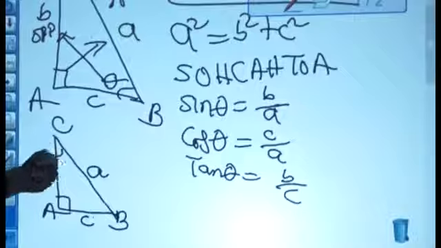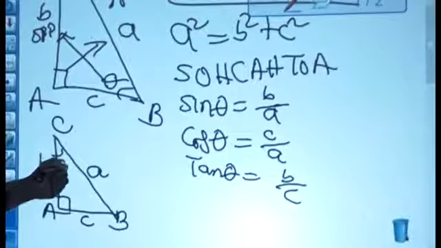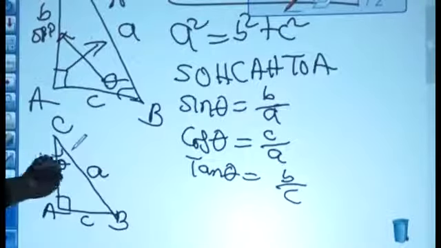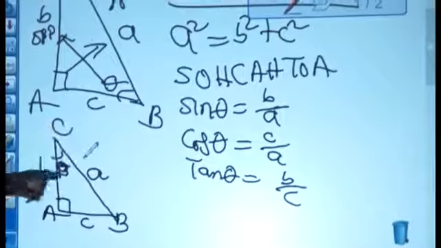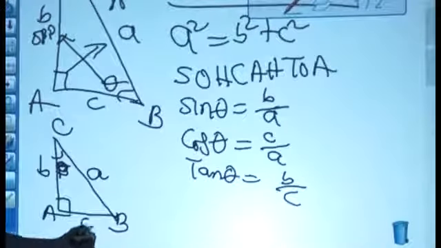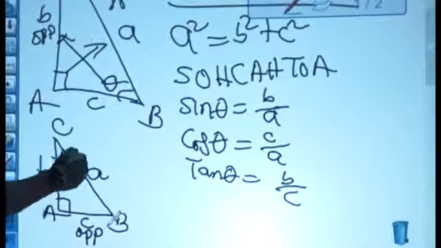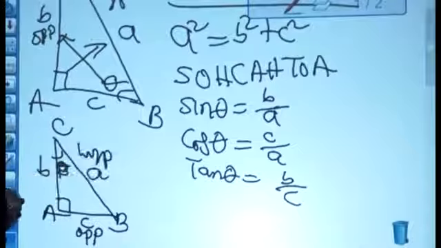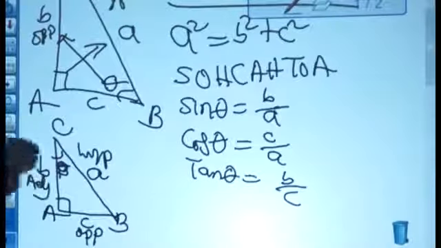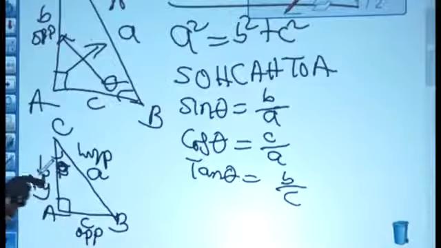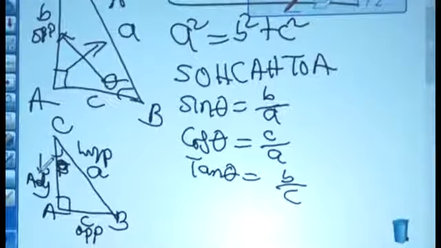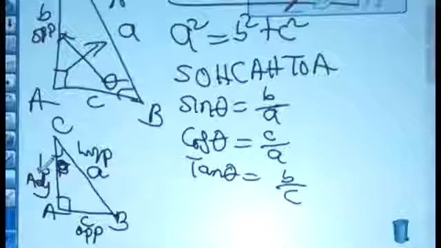If theta is here, let me use beta, this place will now be the opposite, this place will be the hypotenuse, and this place will be the adjacent. So the position of the angle determines the opposite, while the position of the right angle determines the hypotenuse. Let us have that at the back of our mind.